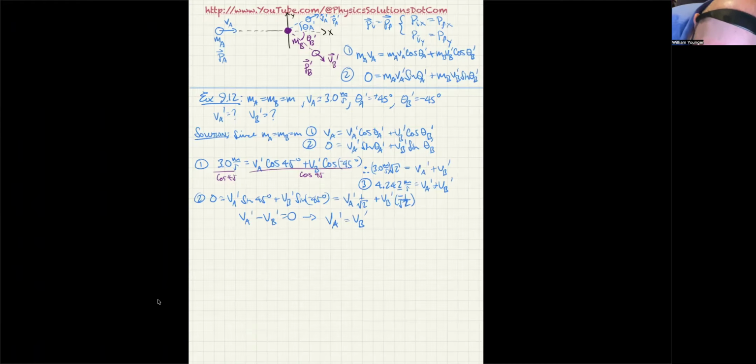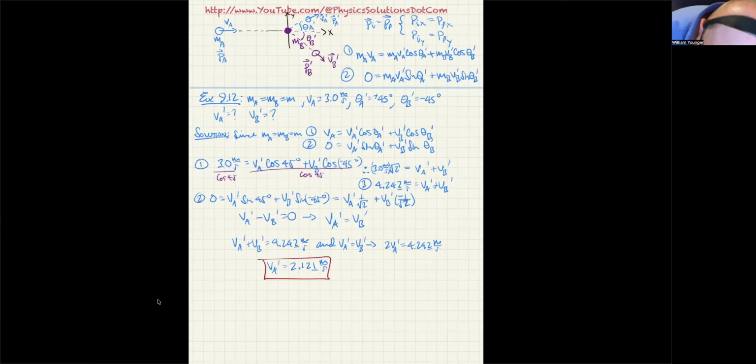And since we know VA prime plus VB prime is equal to 4.242 meters per second, and VA prime is equal to VB prime, we can say 2VA prime is equal to 4.242 meters per second, and that gives us VA prime is equal to 2.121 meters per second.